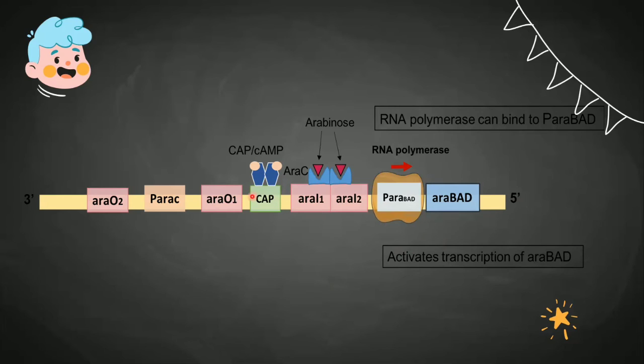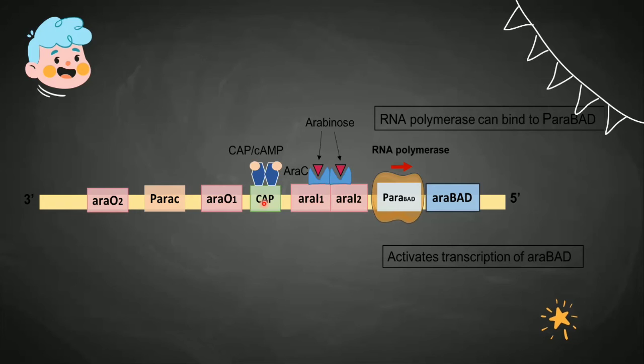Next is via the cyclic AMP and CAP complex. As I said, this catabolite activator site is where your catabolite activator protein, forming a complex with cyclic AMP, comes and binds when glucose is absent. The RAC positive regulation happens when there is a lesser amount of glucose and a greater amount of arabinose.